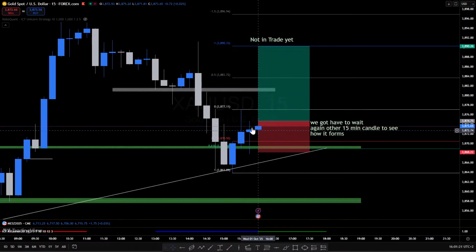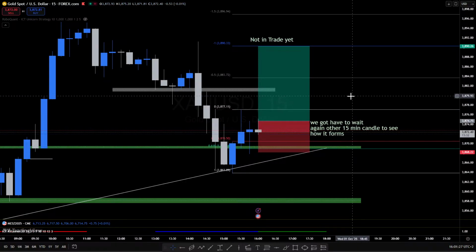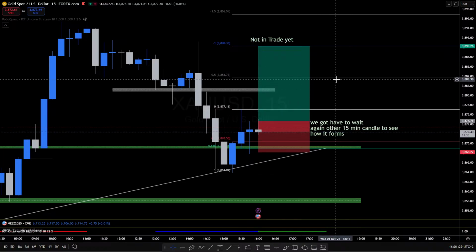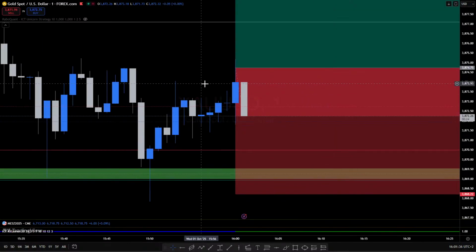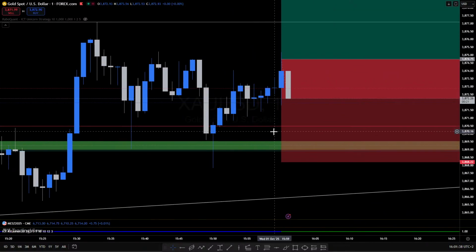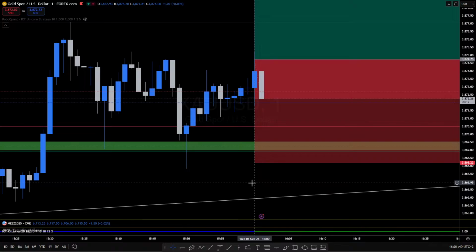So we already got this one, and we are in, guys. We are in. But I didn't see the way it made the raw wick. How was this formed?